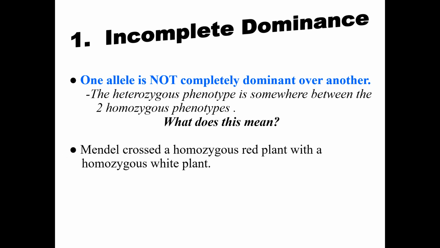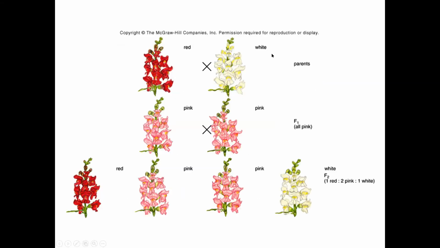So let's say, for example, we have a plant with incomplete dominance because it shows up in plants quite a bit. We have one plant with red flowers, I should say, and one with white flowers. Well, here we go, right? Now, with red and white flowers, both genes for red and white want to show up, right?